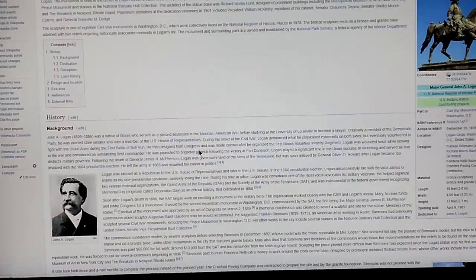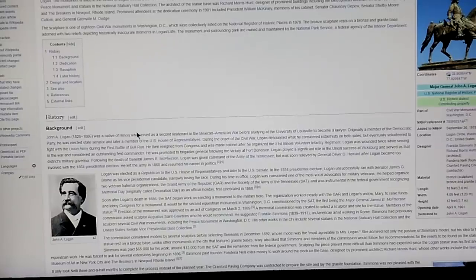He denounced what he considered extremists on both sides, but eventually volunteered to fight with the Union Army during the First Battle of Bull Run. So Southern Illinois is one of those places where it's kind of a little bit of both. People think of Illinois and they think of Chicago, but a lot of Illinois, especially Southern Illinois, is much like the South. A lot of really good bluegrass artists and country artists have come out of Southern Illinois. Alison Krauss and Susie Bogus, just to name two right off the top of my head.